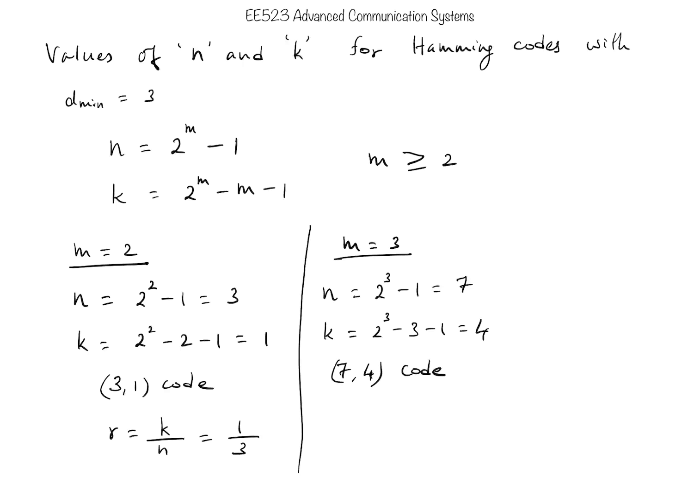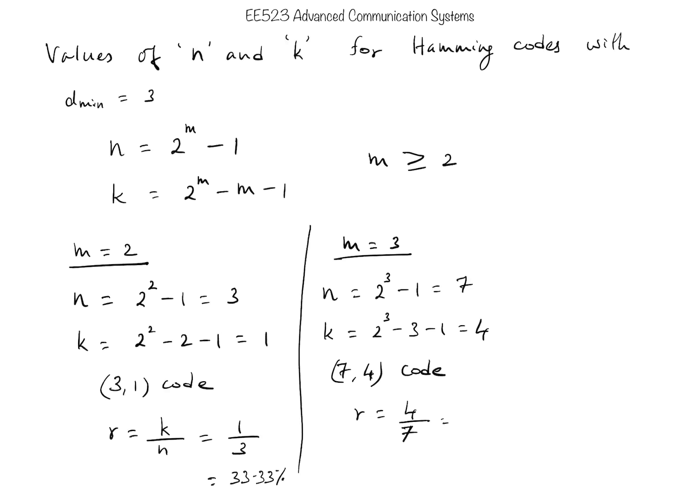For the 7 4 code, what is the code rate? It is 4 by 7, which is slightly over 50%. Let me write the efficiency.